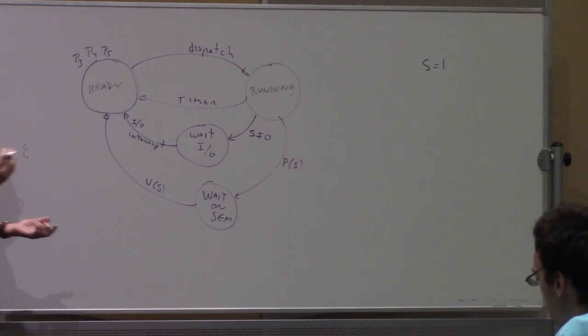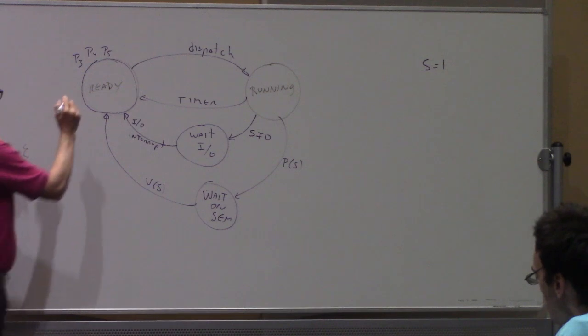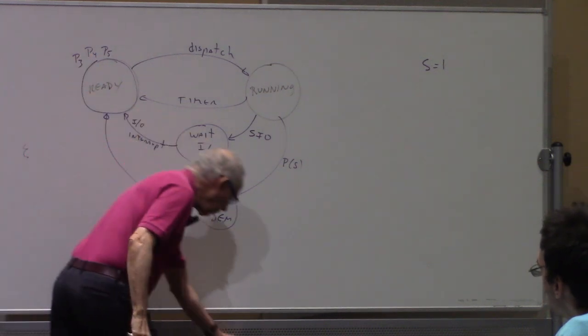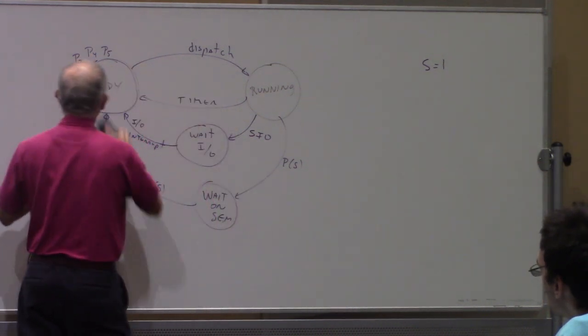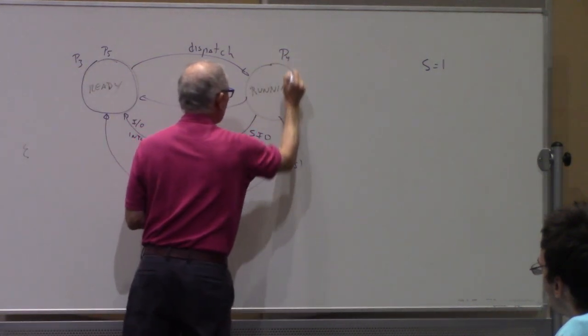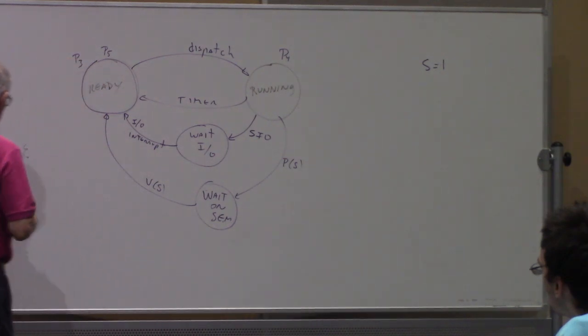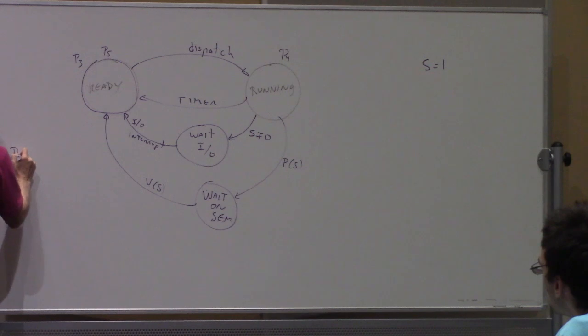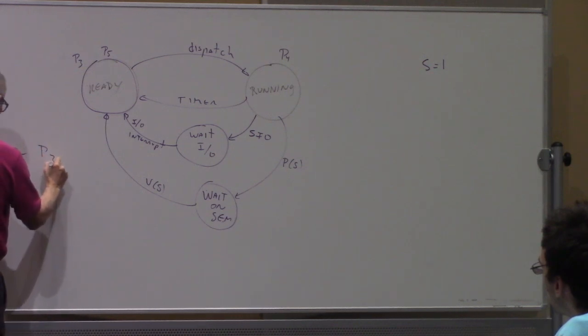And we say the highest priority is P4. So P4 is dispatched. So P4 is running, okay? So we have here P4, P5, and P3.